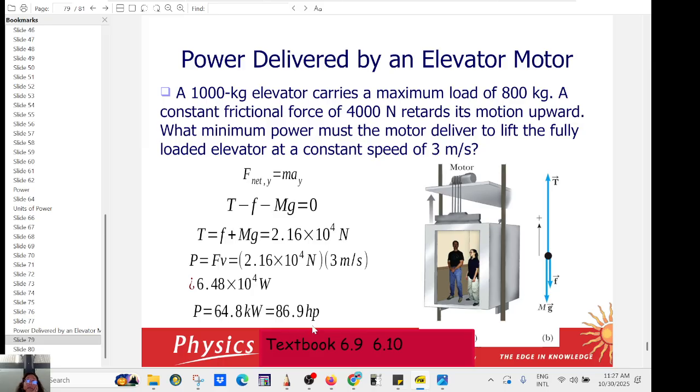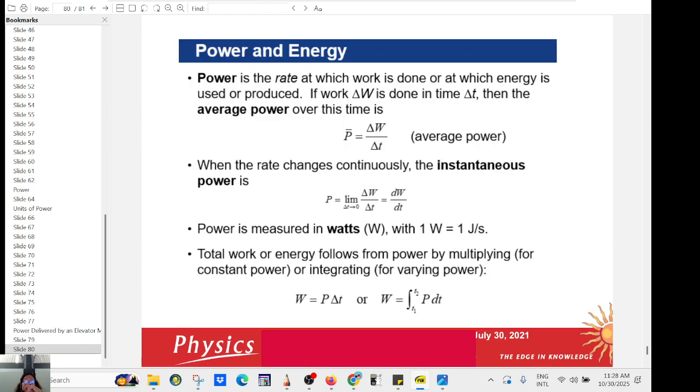And then they convert that to horsepower. Easily, just 1 kilowatt is 1 horsepower, so you get about 65 horsepower if you do some approximation.